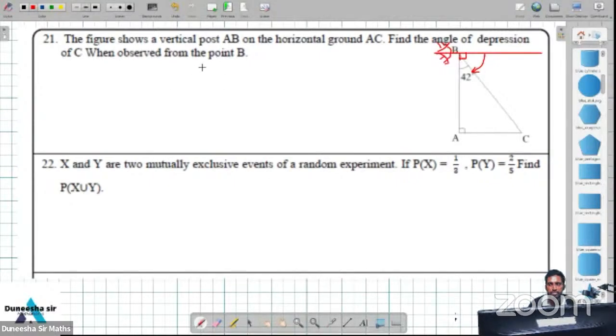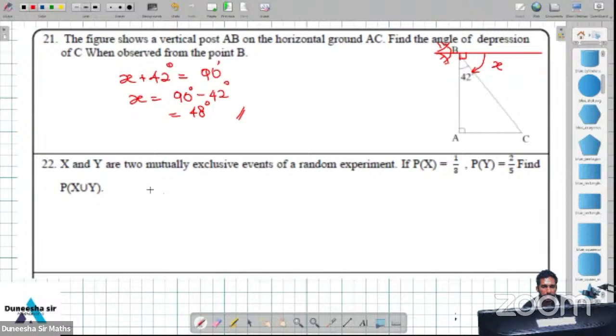You can get this: if x plus 42 is equal to 90 degrees, then x is 90 degrees minus 42. It's 48. Okay.